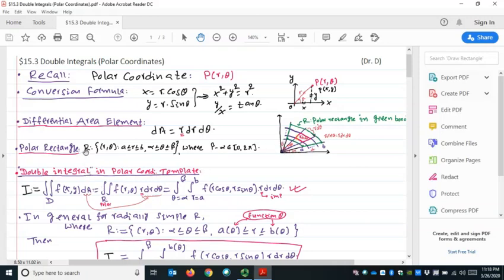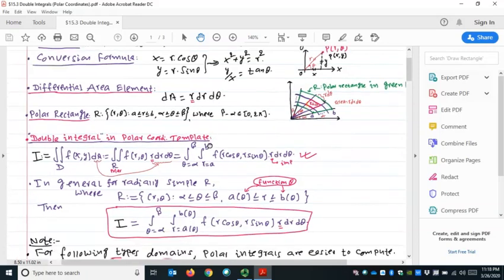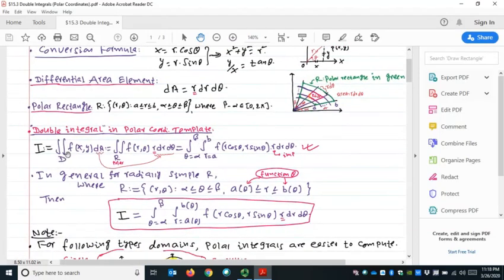Then the double integral in polar coordinates will be: the left side is the double integral in Cartesian coordinates, and this equals the same integral with the domain converted from the Cartesian domain to a polar region, where x and y become r and theta, and dA becomes r dr d theta.